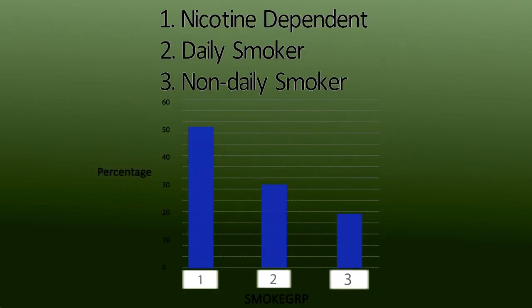This univariate bar chart shows that about 50% of the young adults sampled are nicotine dependent. About 30% are daily smokers without nicotine dependence, and almost 17% are non-daily smokers. However, to examine a relationship between this variable as the response variable and another, we need to collapse this to only two categories. To do this, we need to make some decisions.